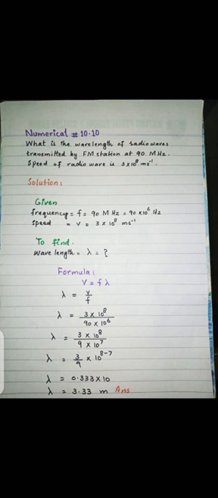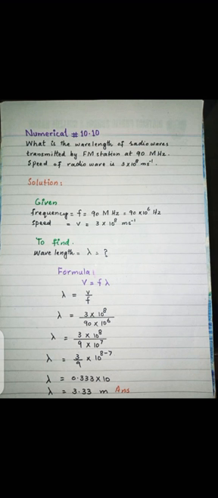And we have to find wavelength of the radio waves which is equal to lambda. Now by using the formula v equals f lambda, taking lambda on one side, lambda equals v over f. By putting the values in this relation, lambda equals 3 multiplied by 10 raised to power 8 divided by 90 multiplied by 10 raised to power 6.